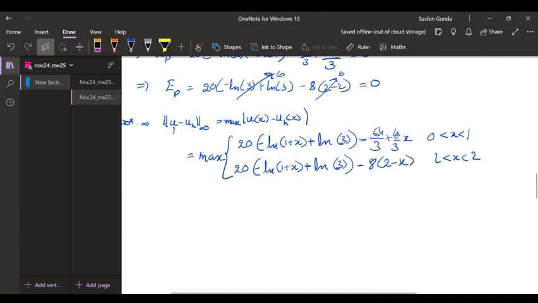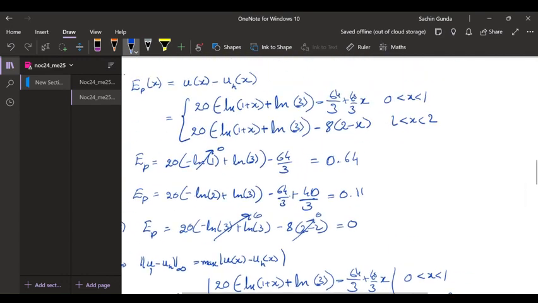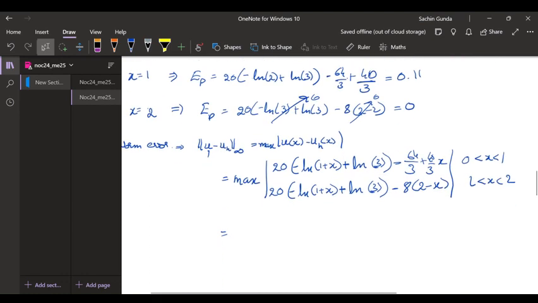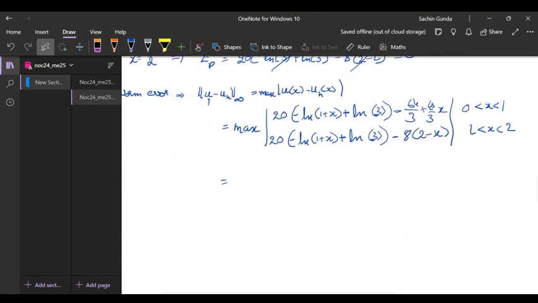You observe that it is a decreasing function from 0.64 to 0. So the max norm error of this problem is 0.64.